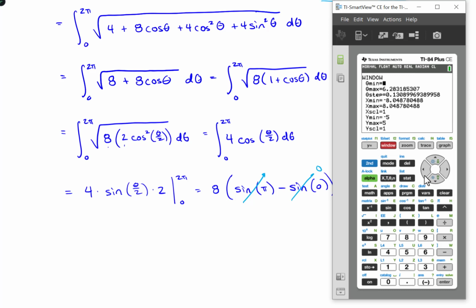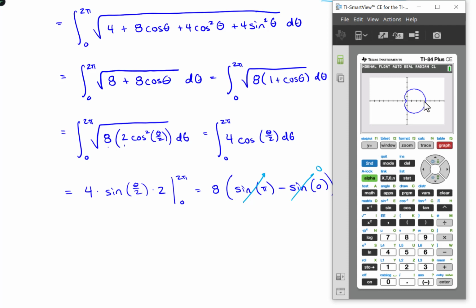And the window settings here, 0 to 2 pi, that's great. Theta steps, that's great too. And I think the -8 and +8 here, I think that was just set for the screen to have as many pixels wide as it does tall. So if I hit graph, okay, here's my graph.